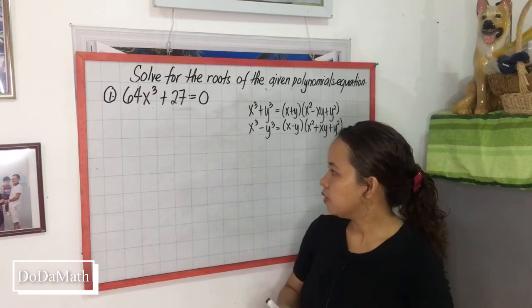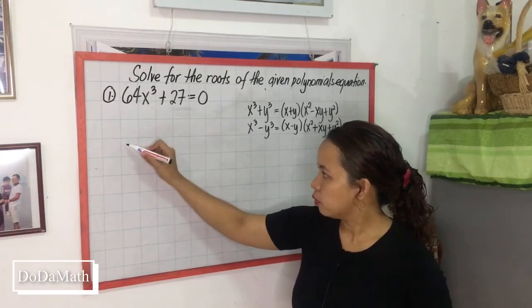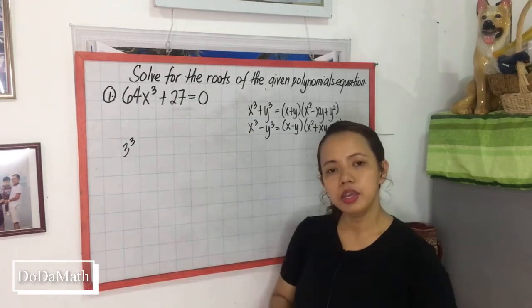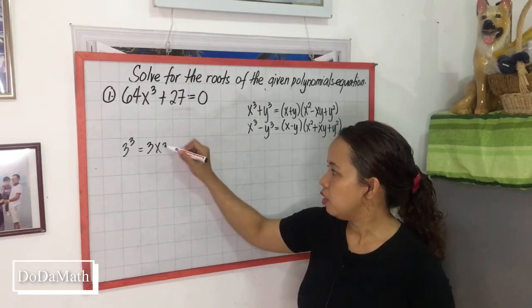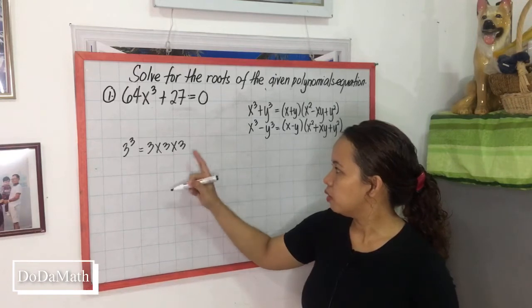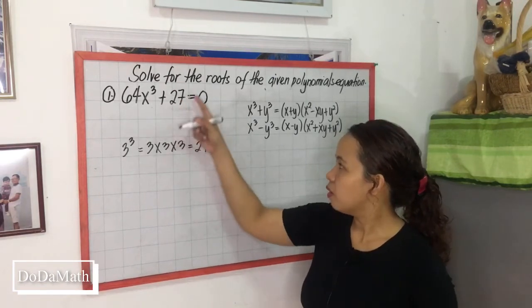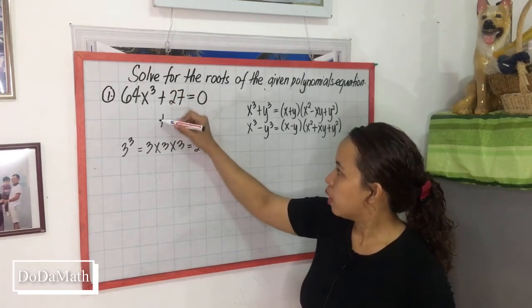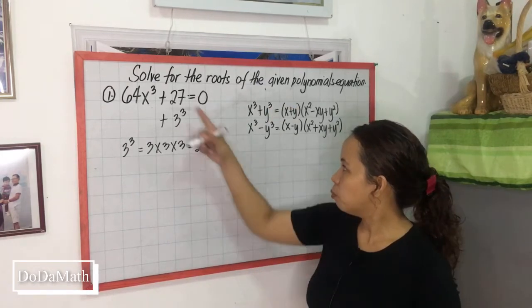Say for example, since ito ay 27, let's try 3 cube. 3 cube means you're going to multiply 3 times: 3 times 3 times 3. So 3 times 3 is 9 multiplied by 3, so that makes 27. Oh, we have a 27 here.